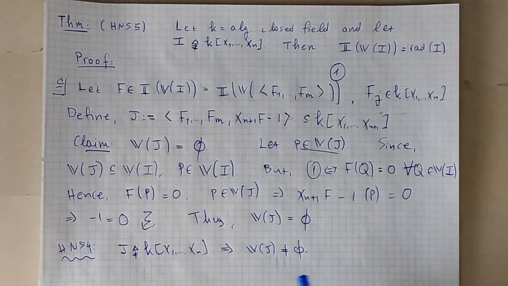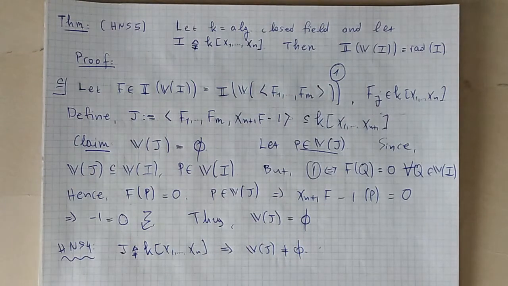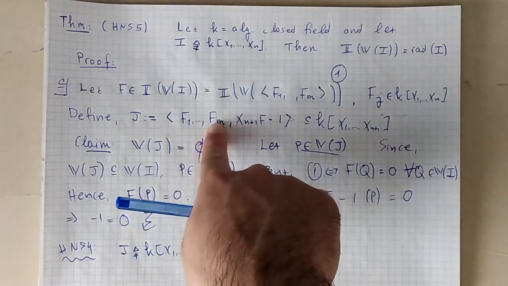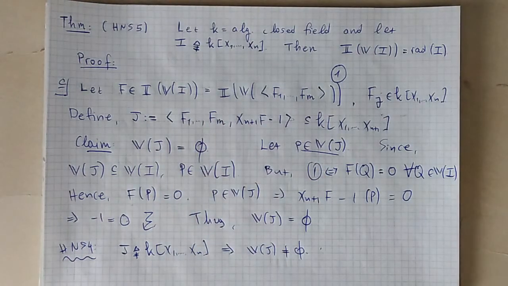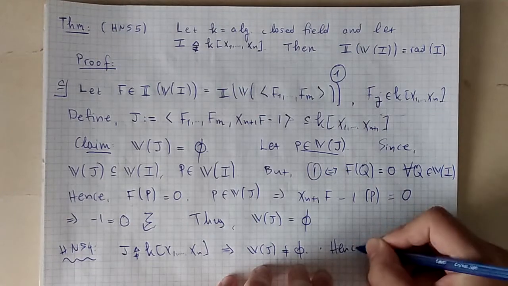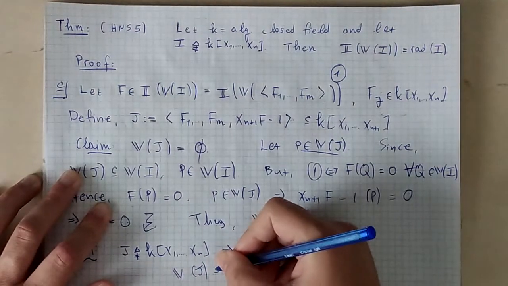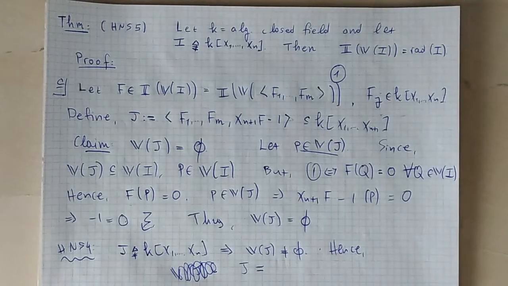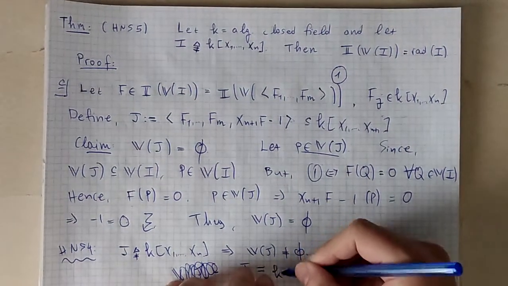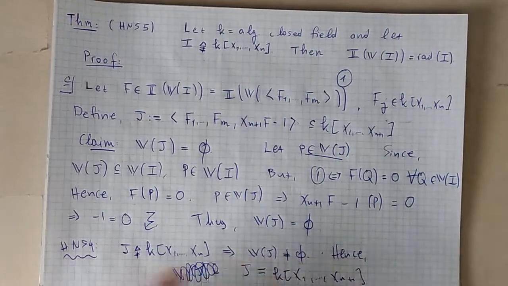So since we proved that in our case V of J is the empty set, in particular in our case we get that this ideal J has to be the whole ring, the polynomial ring in n+1 variables, right?